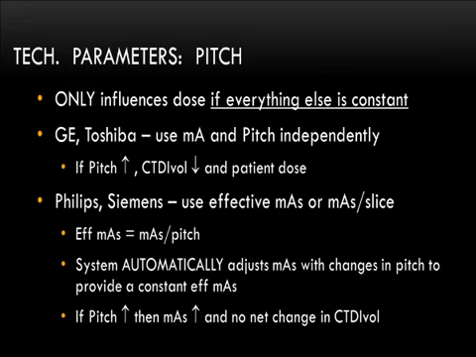If pitch changes, it changes the MAS to keep that effective MAS constant. So not everything else remains constant. Changing pitch in this system does not save you dose. The system automatically adjusts MAS with changes in pitch to provide a constant effective MAS. So if pitch is increased, then the MAS is also increased, and there's no change in CTDI vol.